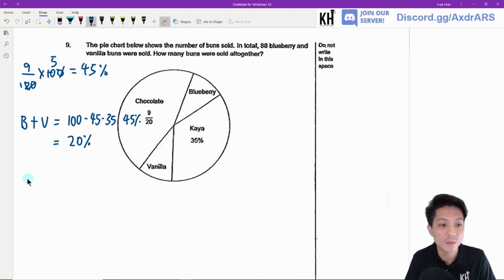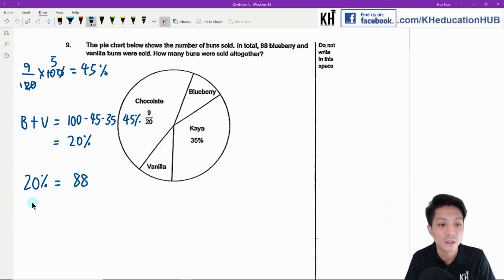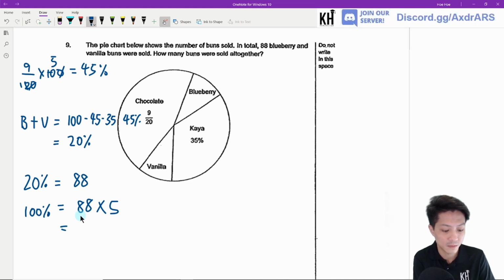Okay, so 20% is equal to 88. Okay, so to find 100%, you just need to use 88 times 5. Okay, 440.